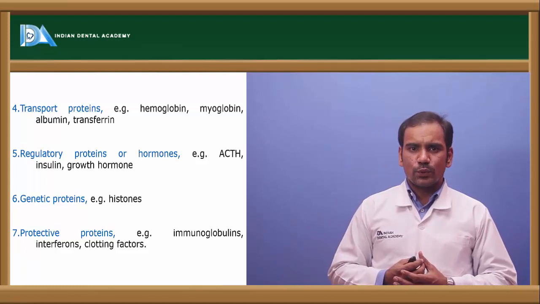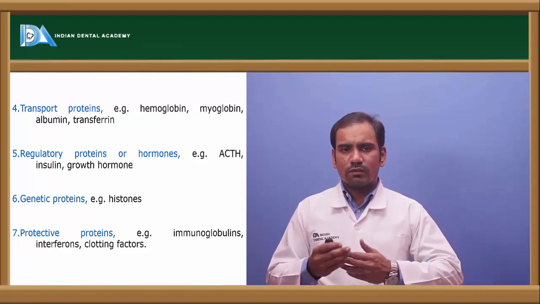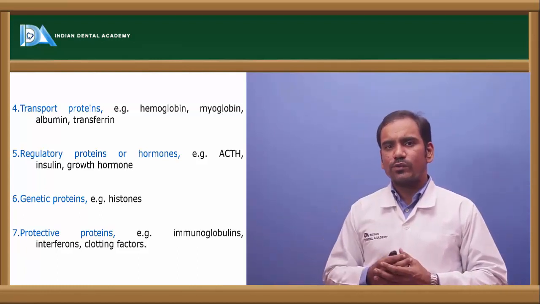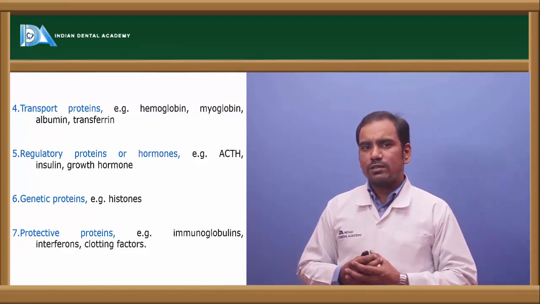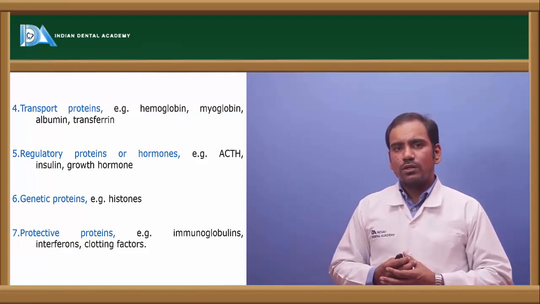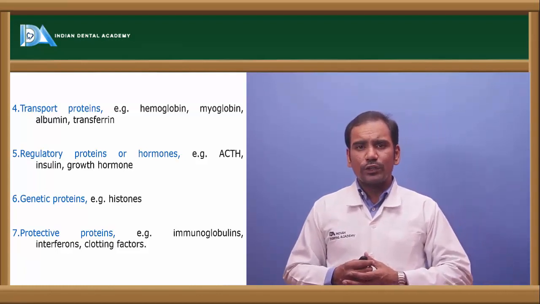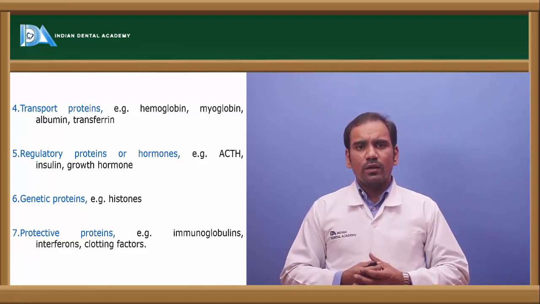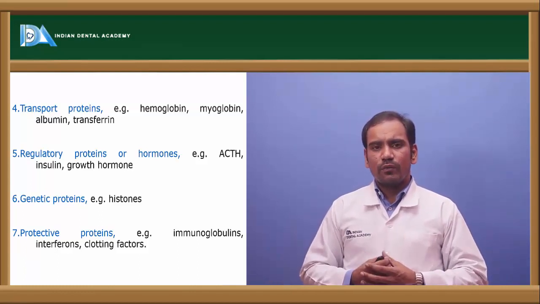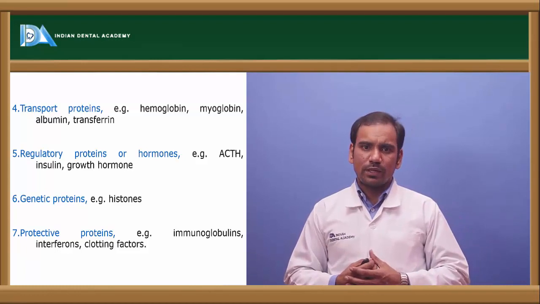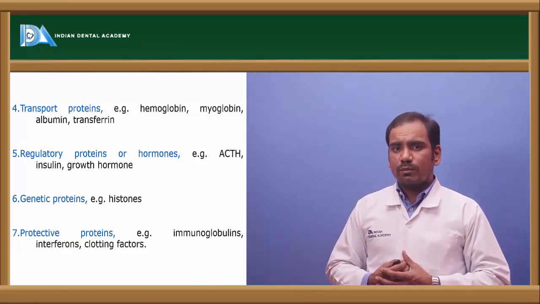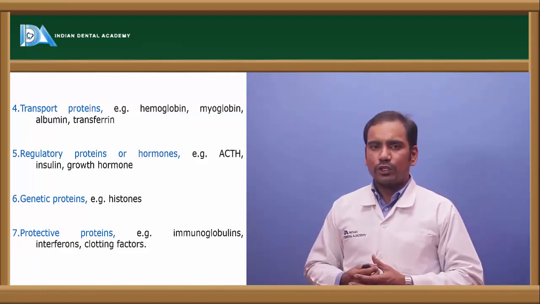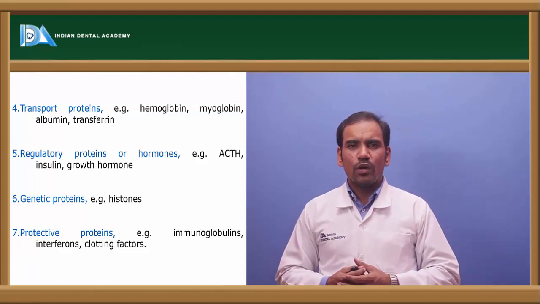And genetic proteins, the proteins associated with nucleic acids, they are called as genetic proteins or nucleoproteins. For example, histones. So histones are associated with the DNA. So these type of proteins, we call them as genetic proteins or nucleoproteins. So coming to protective proteins, there are some proteins which protect the organisms from the invading microorganisms or pathogens. So such type of proteins, we call them as protective proteins, and the examples are immunoglobulins.